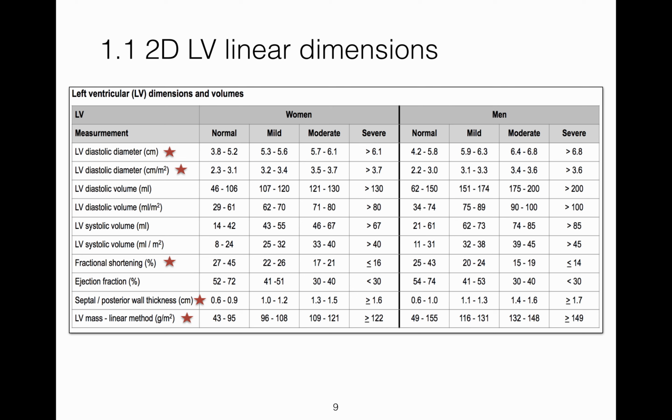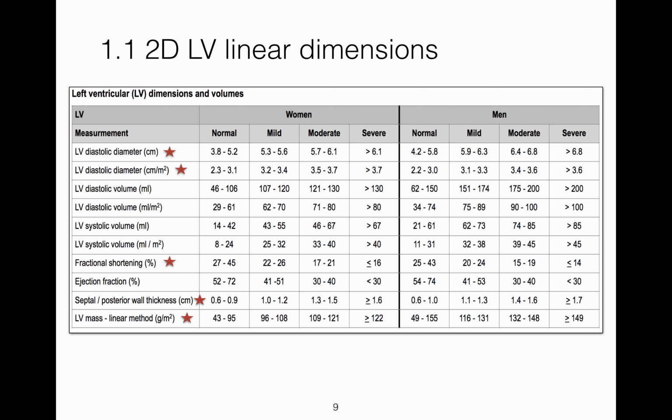Certain linear measurements are used more often than others. The 5 measurements marked with a star on this image and their normal ranges for men and women are measurement ranges that you as cardiac sonographers will need to be very familiar with.